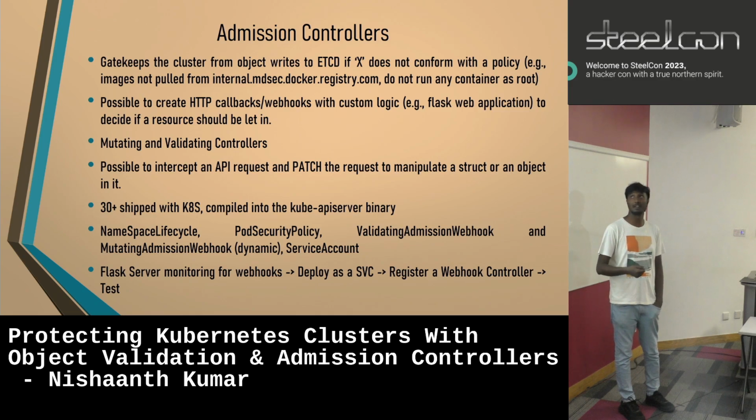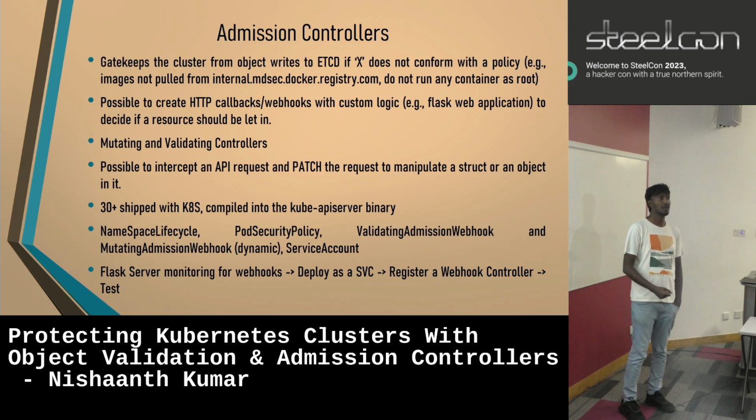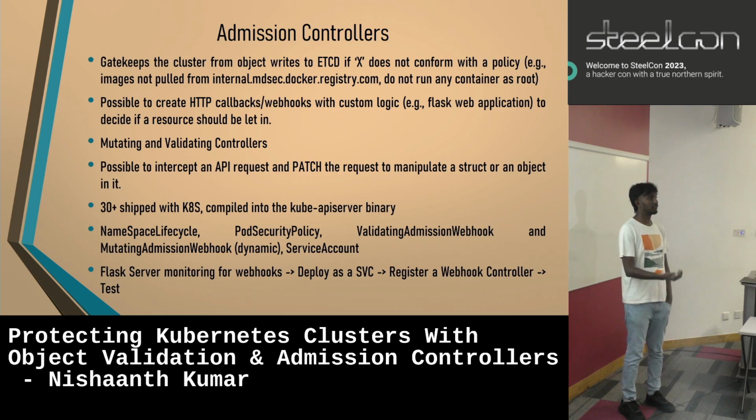You can create an admission controller saying that any object which comes in, if it does not conform to the policy, I don't want the object to persist at all. So it wouldn't even reach the etcd, where all the resources and data get stored. The API call is going to get dropped because the admission controller rejected it, even before writing it to the cluster.